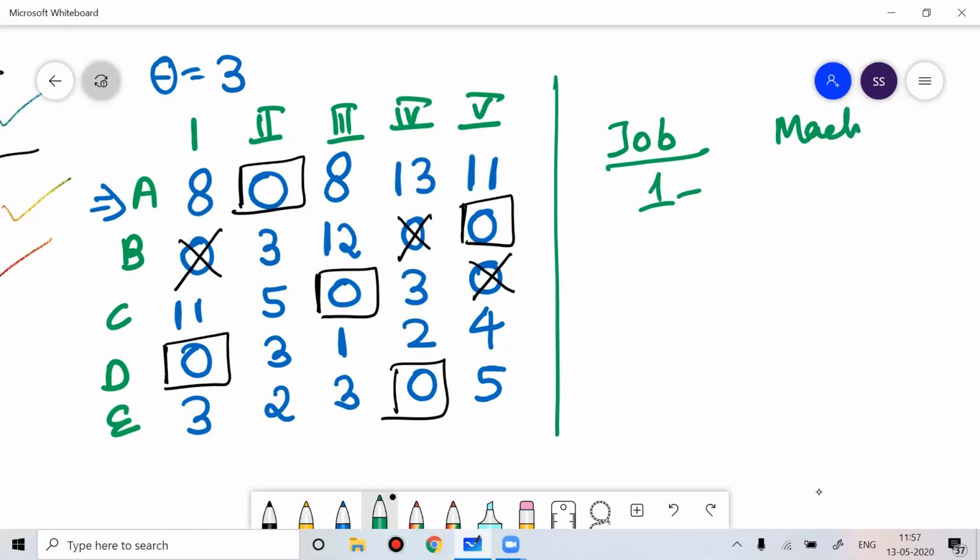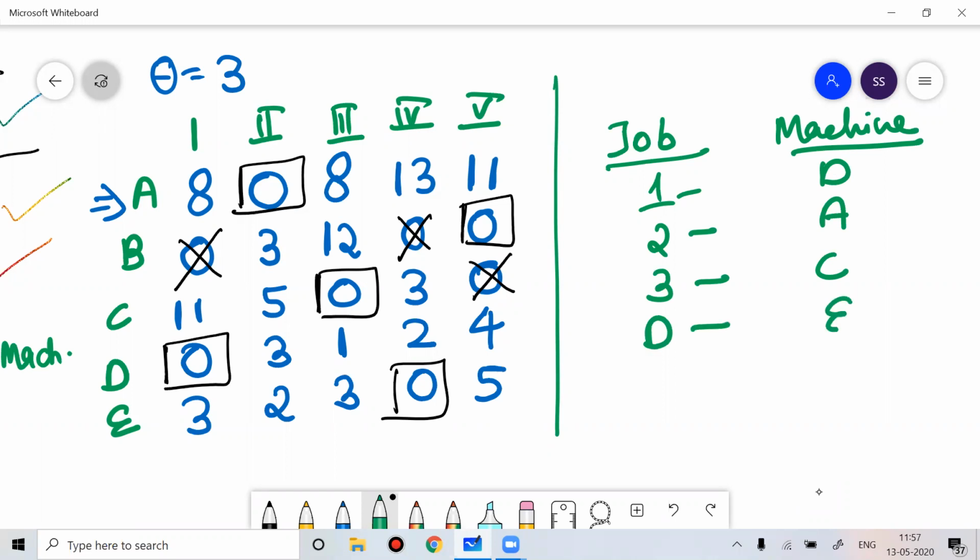Job 1 is done by machine B. Job 2 is done by machine A. Job 3 is done by machine C. Job 4 is done by machine E, and job 5 is done by machine B. So this is your answer.